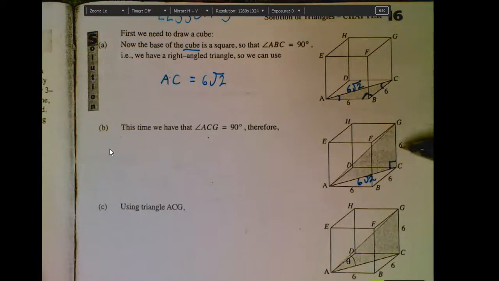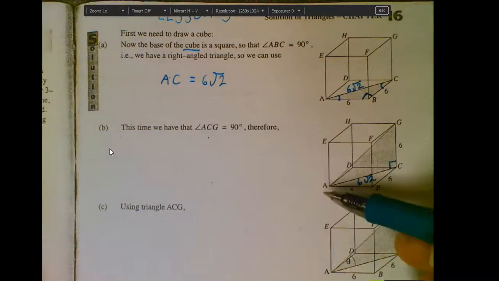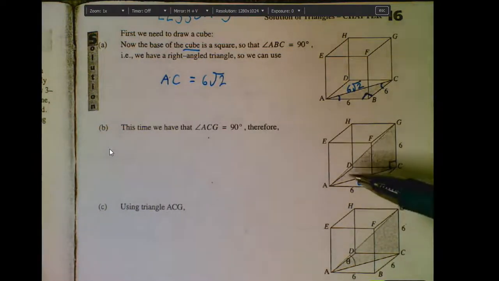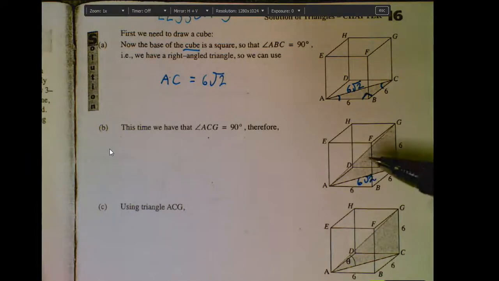In this case, I now know that this is 6, I know that this is 6 root 2, and now I could use a little Pythagorean theorem to find AG. There may be other ways, but this is one way of doing it. I like this diagram because they shade in the right triangle that we would need to identify. Obviously, that's not going to be there for you.